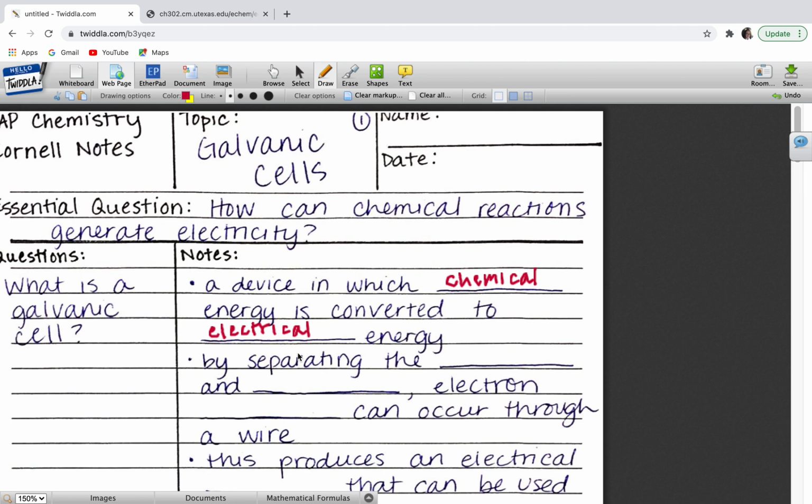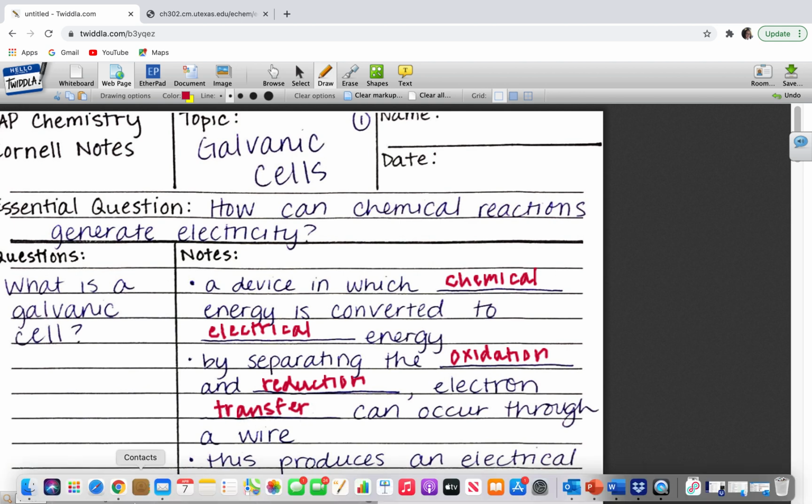Well, during a redox reaction, if you remember oxidation and reduction, electrons are lost by the oxidation and gained by the reduction half of the reaction. And so you have a flow of electrons. What we can do is separate the oxidation part from the reduction part and force that electron transfer to happen through a wire.